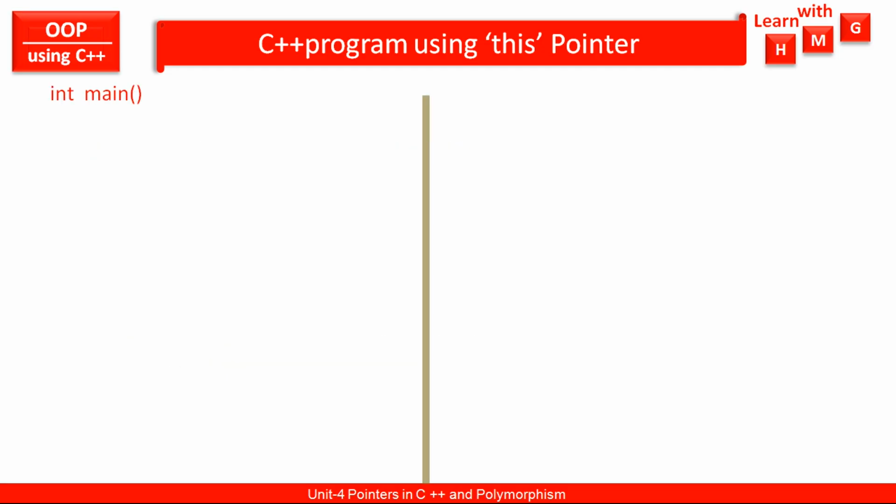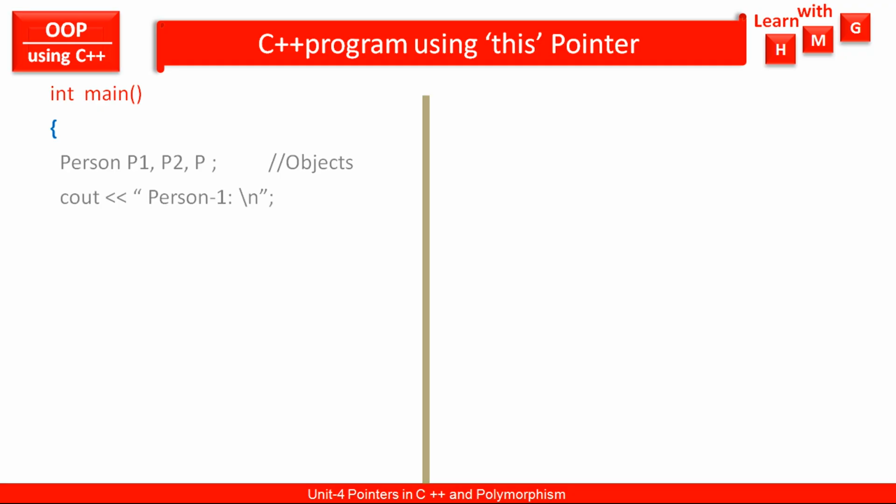Now let us write the main function or the main program. We will require three objects of the person class: p1, p2 and p. p1 and p2 are the input objects. p1 represents person 1, p2 represents person 2, and p represents the elder person. Out of p1 and p2, whoever is elder will be assigned to p.